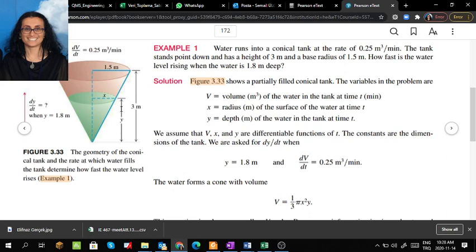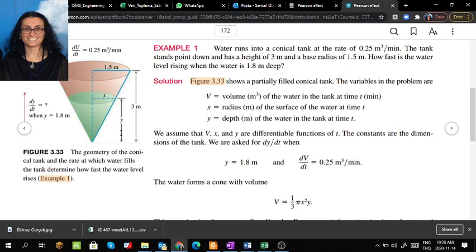So this y depends on time, and this x depends on time, and the volume of the water in the tank depends on time. So we have three variables and one independent variable. The independent variable is time, and volume depends on time.